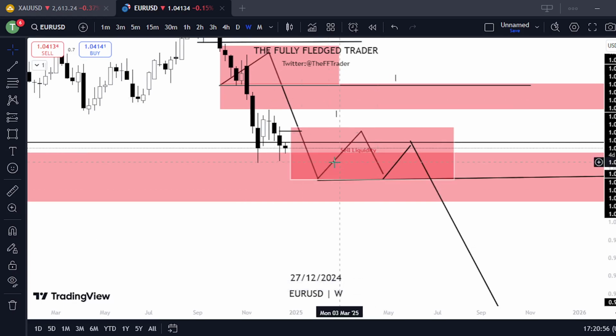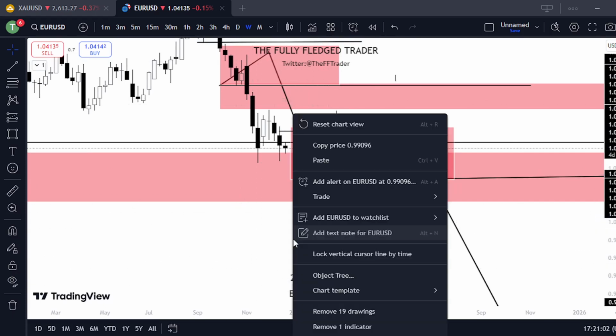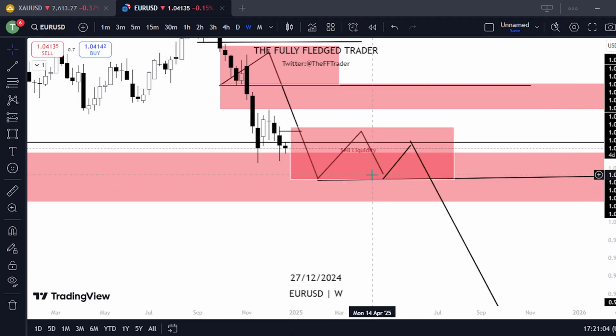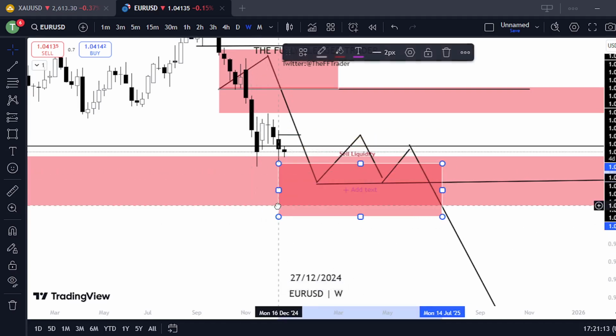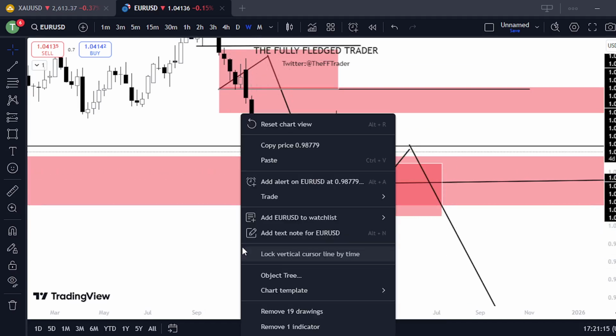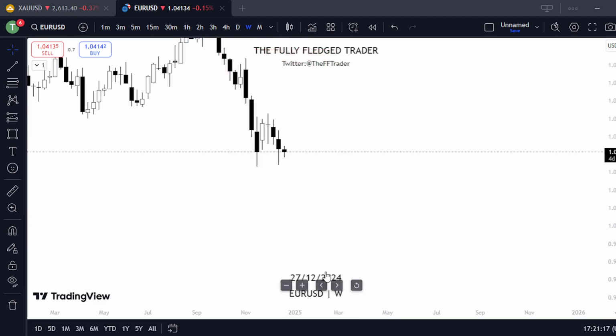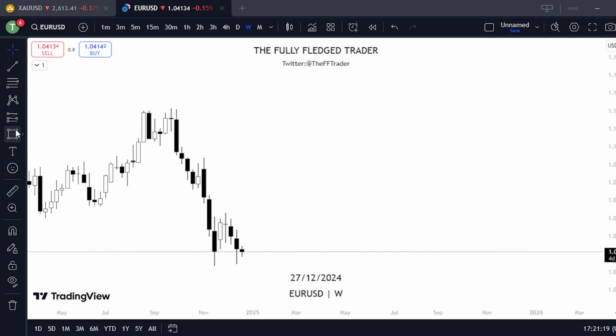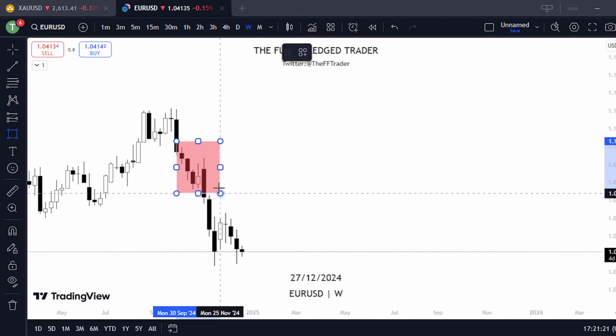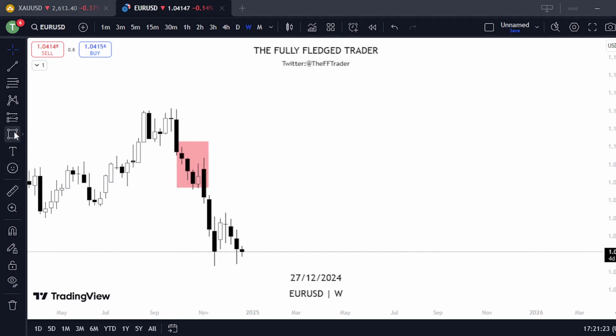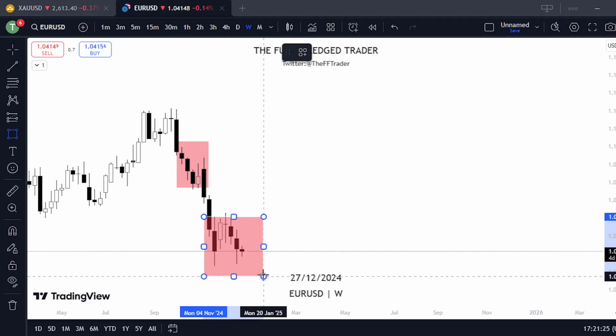So currently we are at level 2, and I'm expecting this explosive move to the downside. I'll let the market structure in the lower time frame tell me what I should be expecting. So far, I'm going to just make the levels like that.